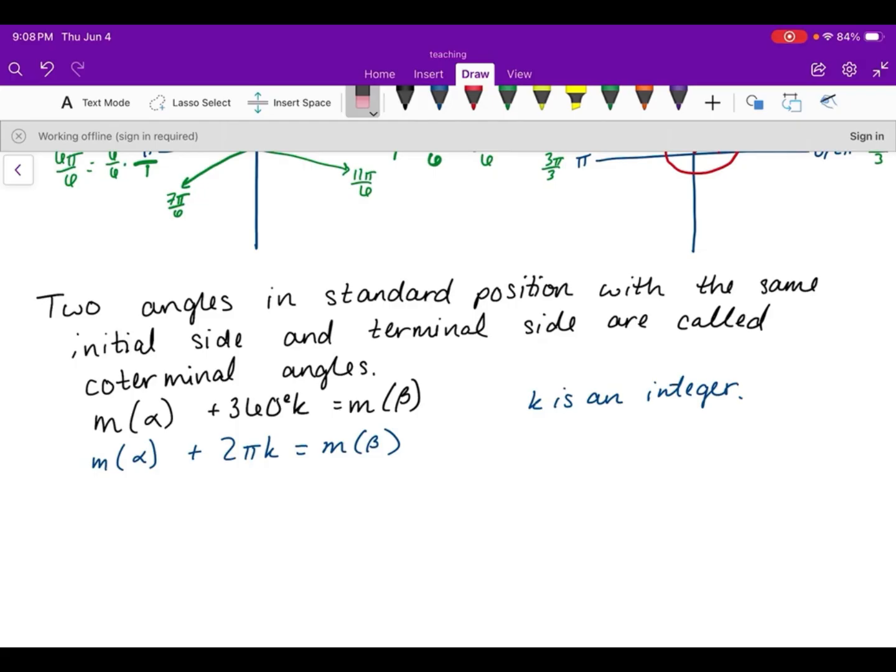Let's think about what it means to add 360 to something. All it means is that you're going to wrap around the circle one whole rotation, but you should end up in the same place, right?